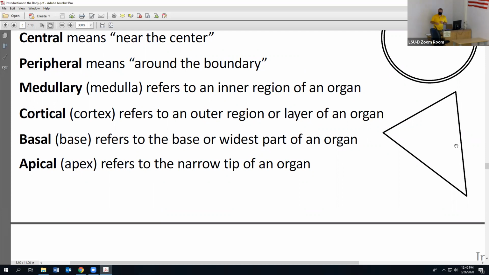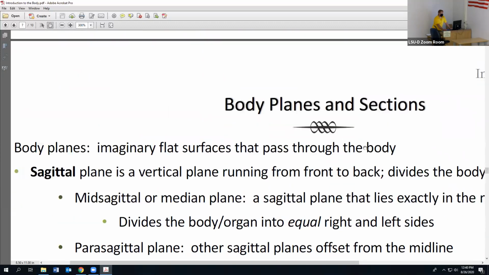The base of your heart, the widest part, is actually on top. The apex is on the bottom. It's called an inverted triangle, and it's actually cockeyed like this, pointing from our right shoulder down to our left hip. There's several organs that are triangular in shape. Your lungs are an example of that as well.